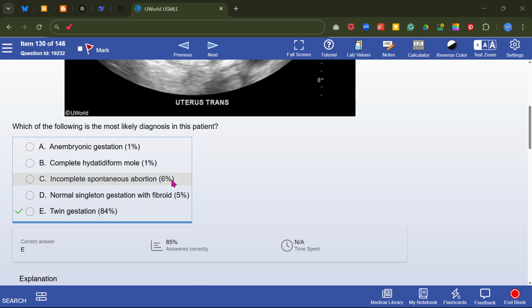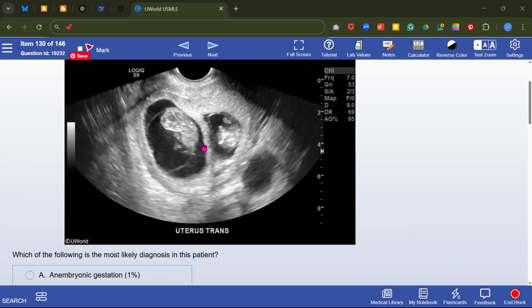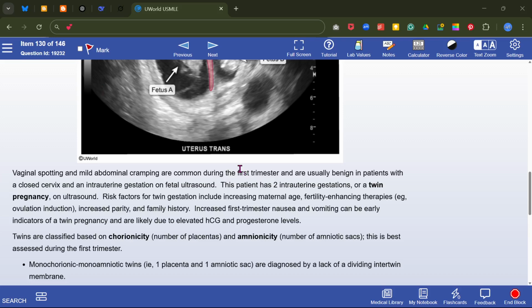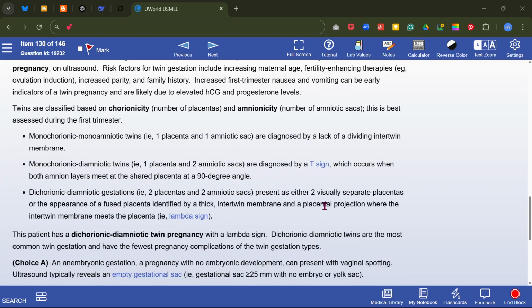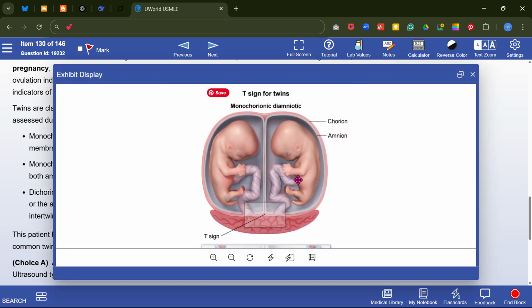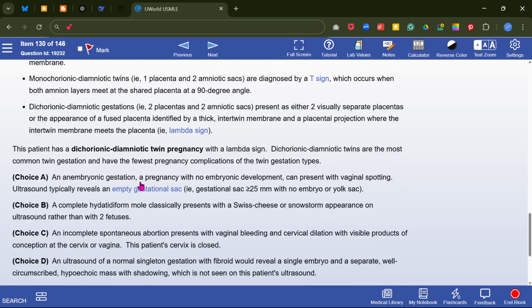And this looks like the lambda sign, double D for lambda sign, dichorionic diamniotic twin gestation with twin peak or lambda sign. Okay, and now look at the T sign: one placenta, two amniotic sacs.